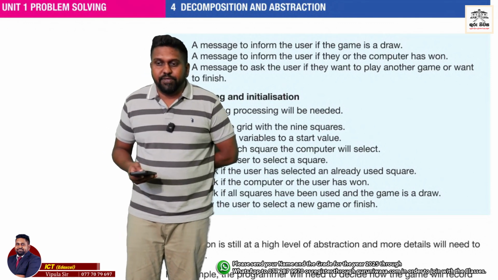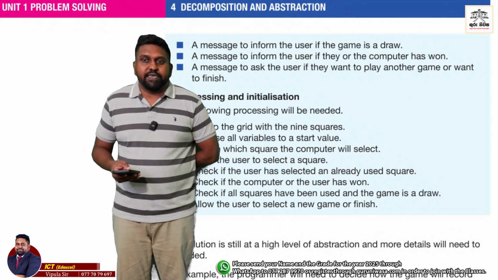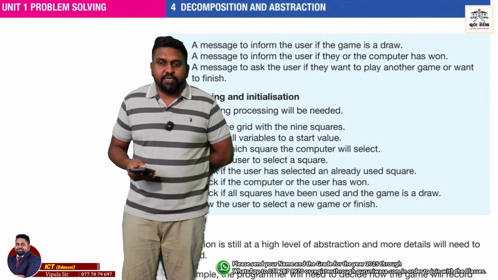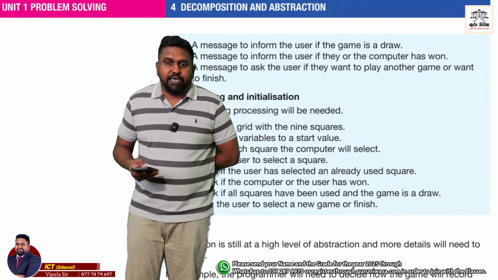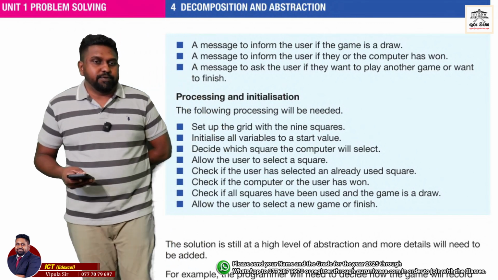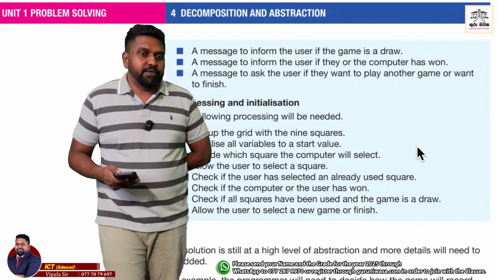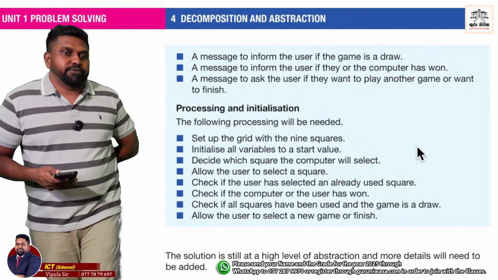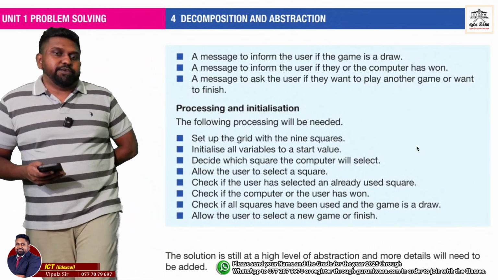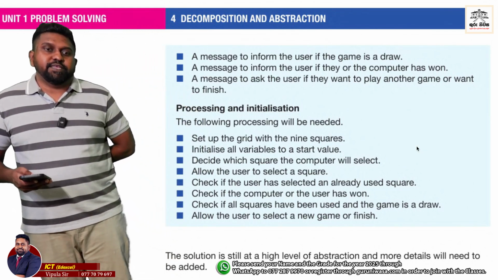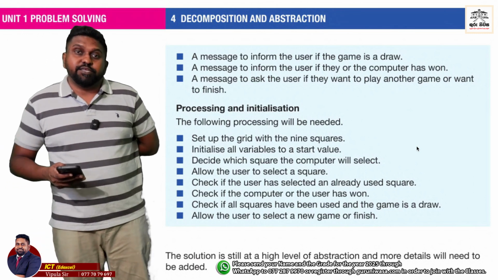Now we know these are the particular set of actions which is technically going to be the input and which is going to be the output. Now the process. Now we need to follow the processing and understand what are the points which need to process.